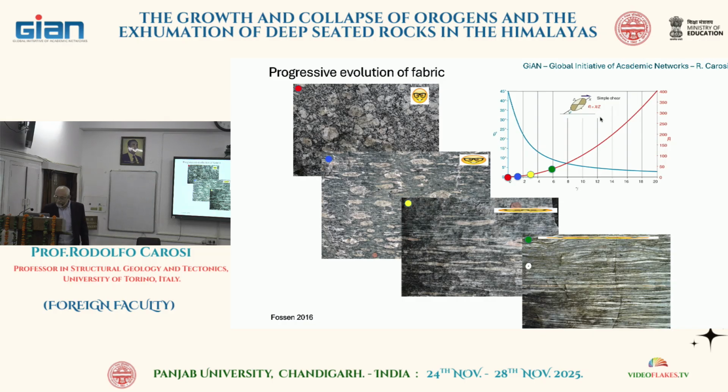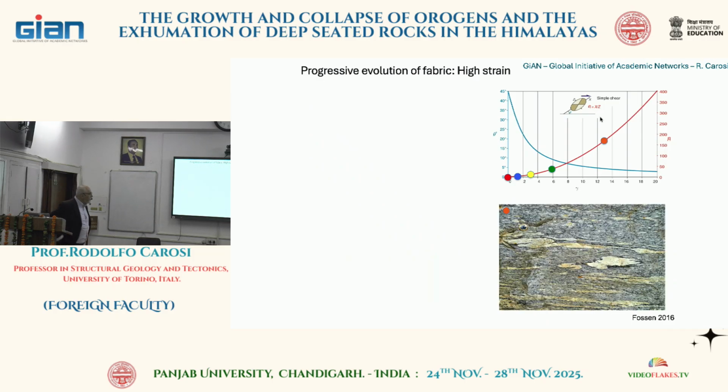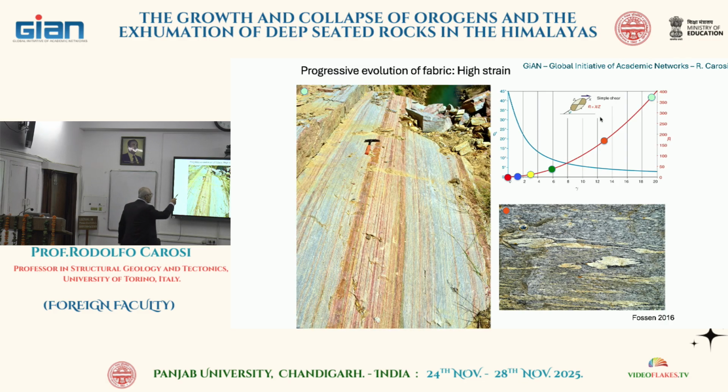And with increasing deformation, if you move to this red point, the axial ratio is very, very high, and gamma is around 13. You can have a rock like this. So very, very deformed rocks, up to maybe this kind of rocks.